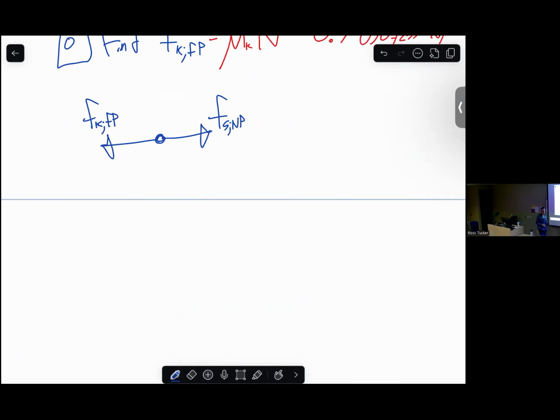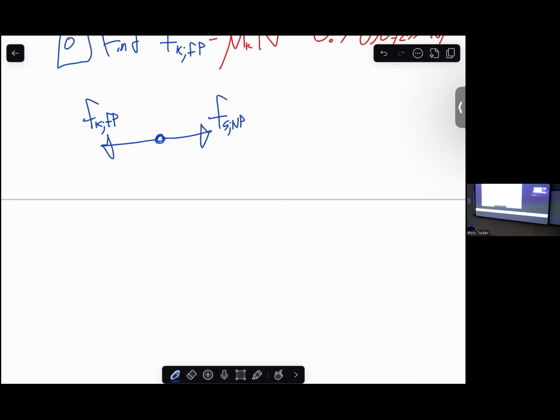How you reason about this is if I am slowing him down, I am exerting a backwards force on him. He is pushing me forward, Newton's third law. That force acts in the opposite direction. Now, I think the kinetic friction force is going to be bigger if it's slowing me down.